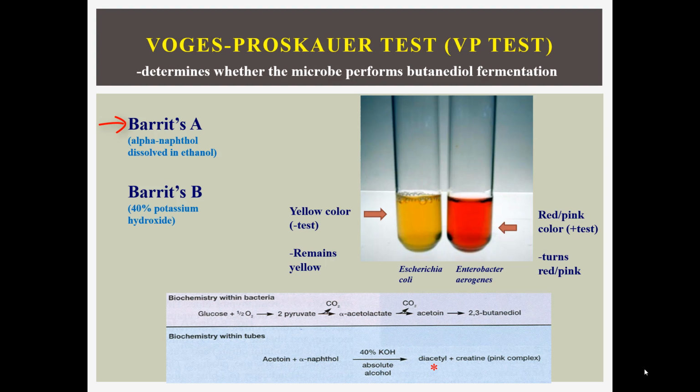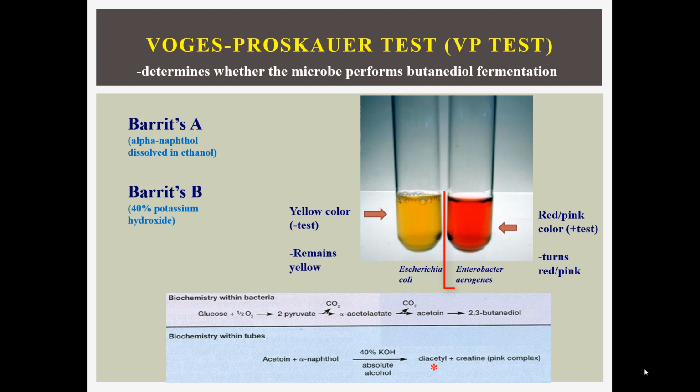Barritt's A is a reagent consisting of alpha-naphthol dissolved in ethanol, and Barritt's B reagent consists of 40% potassium hydroxide. A positive test is represented by the development of a red color 15 minutes or more after the addition of the reagents, indicating the presence of diacetyl as the oxidation product of acetoin.